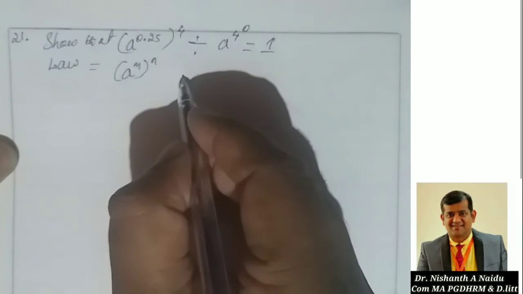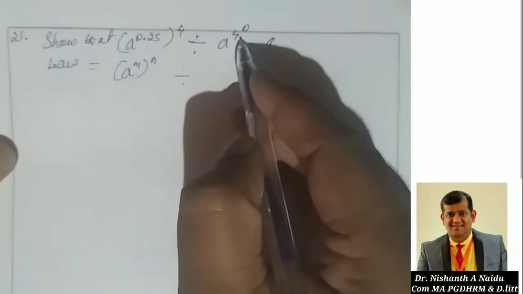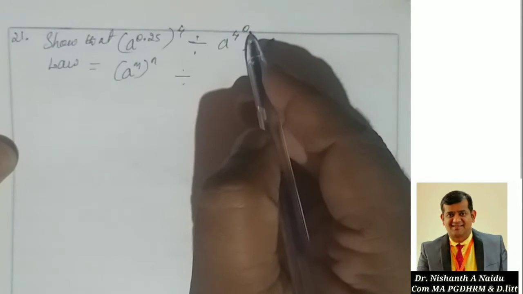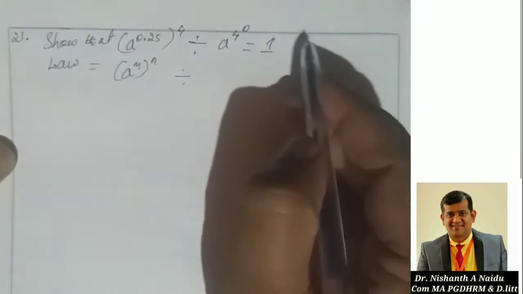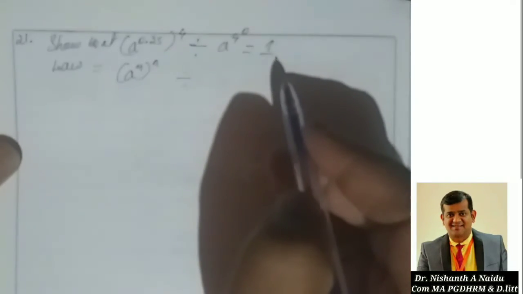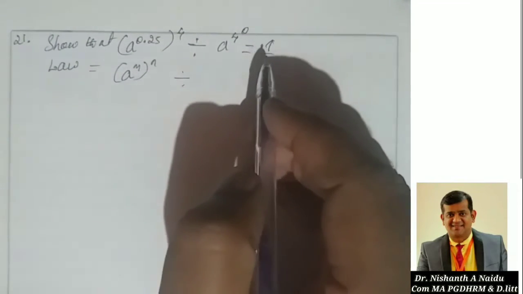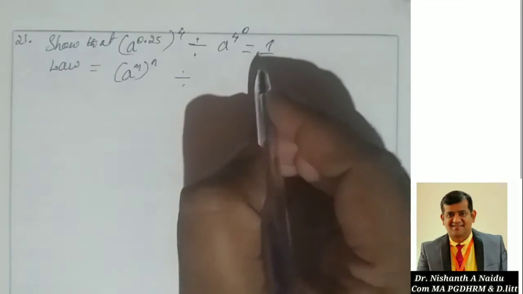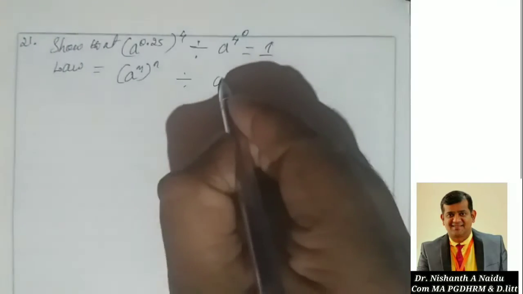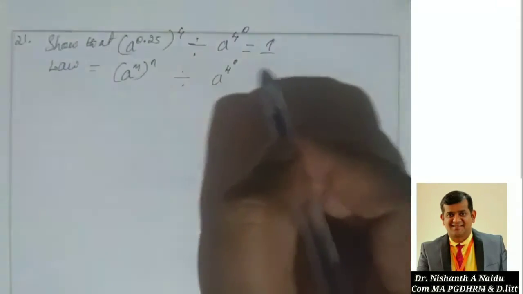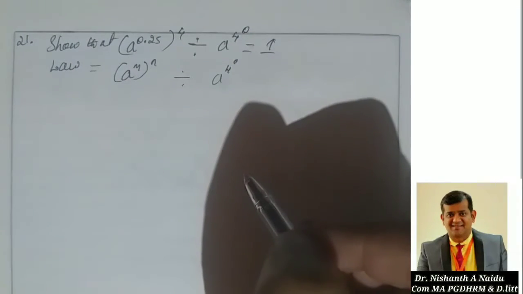In a to the power 4 to the power 0, 4 should be multiplied by 0 times, so you have to apply that particular law. Now this should be equal to 1, and that we have to prove.